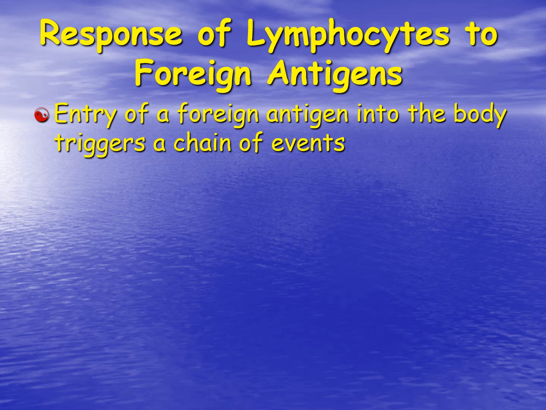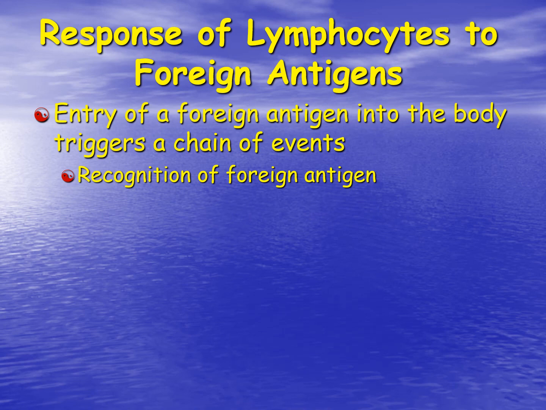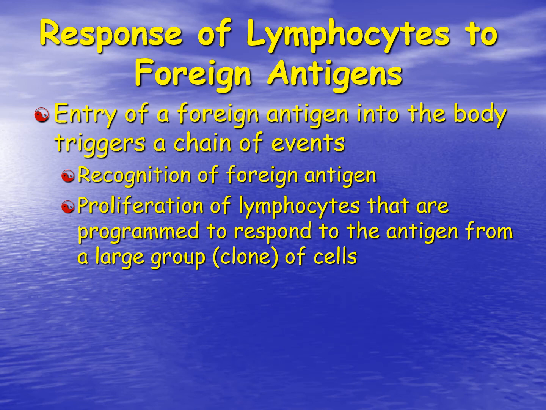So entry of a foreign antigen into the body triggers a chain of events. First of all, we have to recognize that it is foreign to the body and distinguish that from self. We'll see a proliferation of lymphocytes that are programmed to respond to this antigen from a large group of cloned cells.